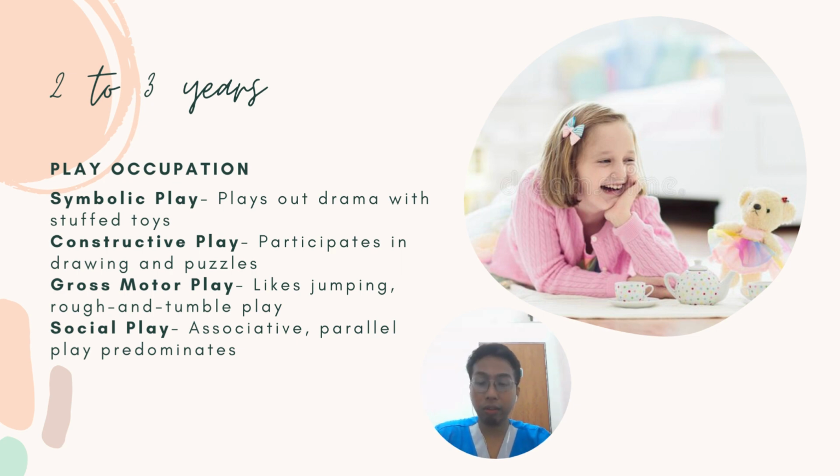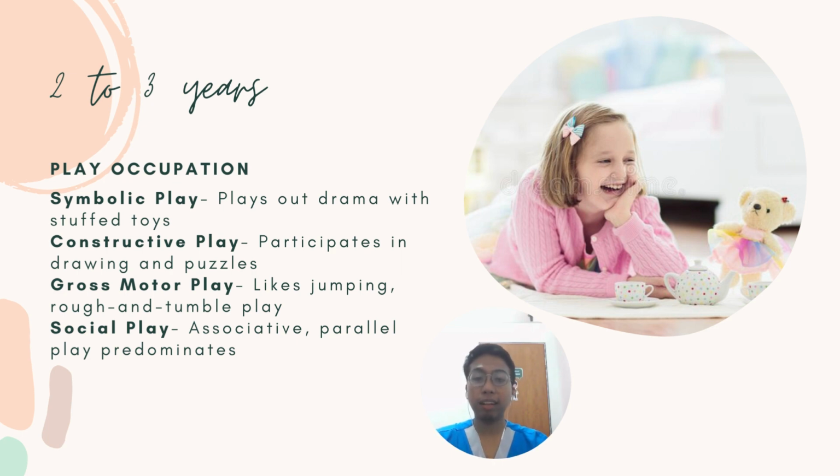Plays out drama with stuffed toys. As you can see from the picture, this kid is entertained with the stuffed toys and does the drama like drinking. And constructive play includes participating in drawing and puzzles. They are becoming more engaged towards visual perception, such as drawing and puzzles.